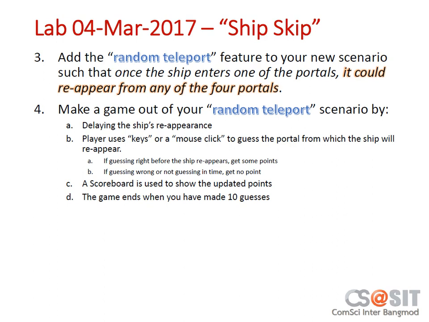You could come in from the north and come out from the north, east, south or west. So that would be number 3. Modify the given scenario in such a way that you have the random teleport of the rocket.